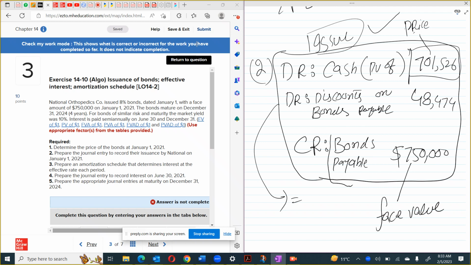What we are actually doing is amortizing that discount. If I go to the table, what is the total amount of discount amortization? 4,874. If I go to that double entry, it is 4,874.